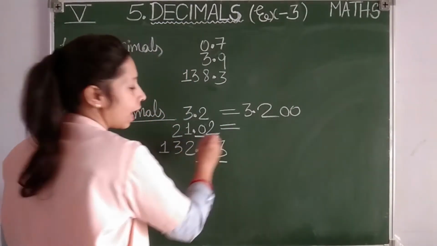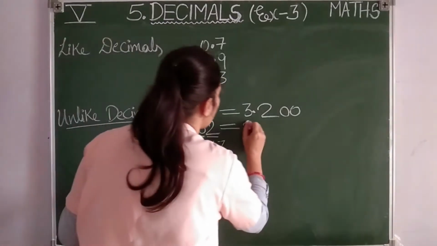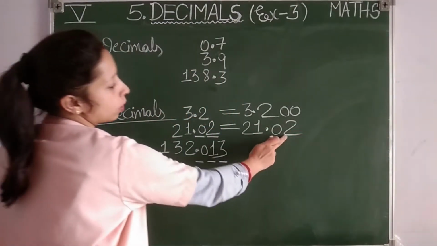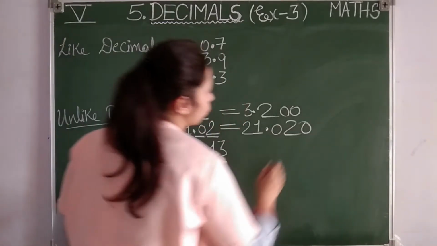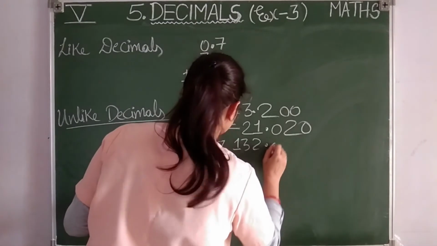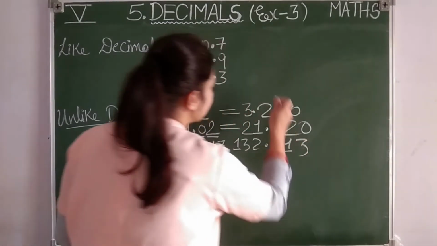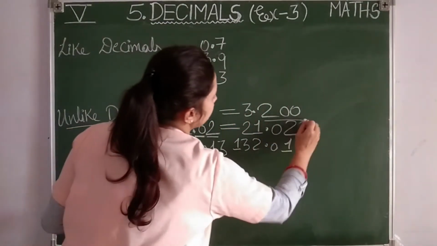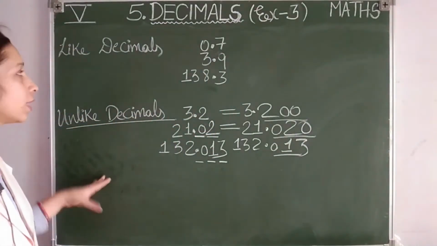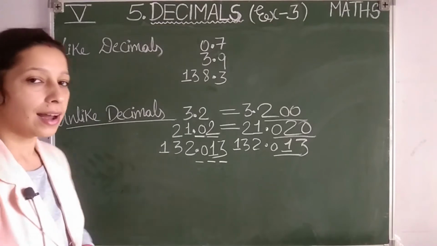Tenths is there, hundredths is there, but you want thousandths. Now it has up to the hundredths place only, put a 0, it will become thousandths. Now copy this one which is already in the thousandths place. Now you can see these decimals are also like decimals with 3 digits after the point. Clear students? So these are like decimals and unlike decimals.